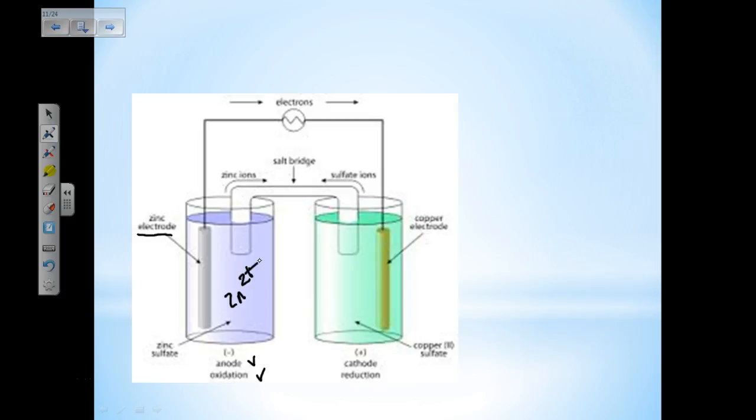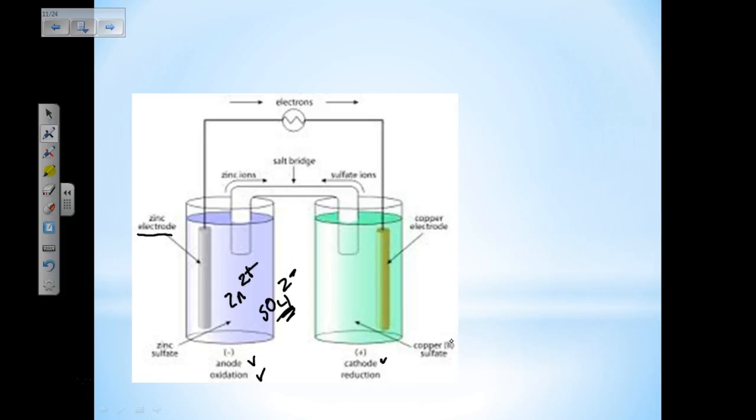Notice there are sulfate ions floating around, but the sulfate ions are really just a spectator ion. Nothing is happening to the sulfate ion. Here we have a copper electrode, and that's the cathode.